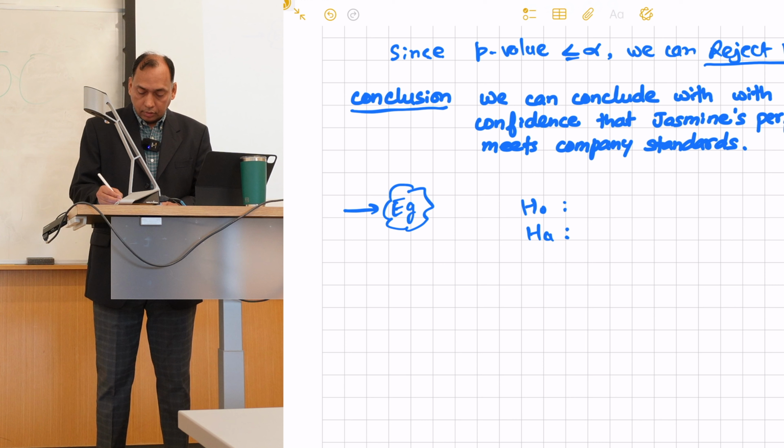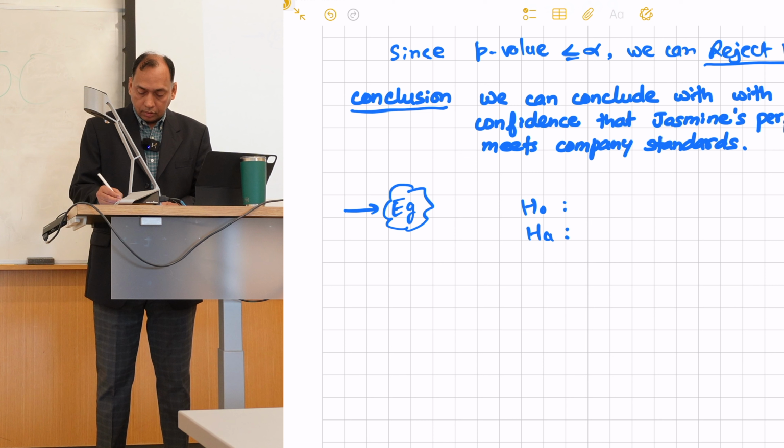We are testing if she is able to close contracts worth more than $100, and the null is that mu is less than or equal to 100. So in this example, mu 0 is 100. So this value is 100.